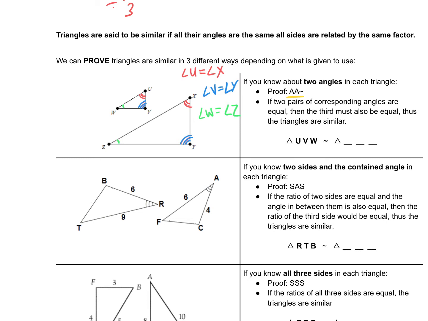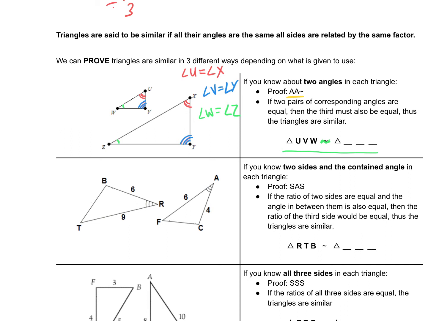After you do that, you're going to write a similarity statement. So triangle UVW is similar to, so that squiggly single line there is similar to, and now the order that we write the letters for the second triangle is going to be really important.